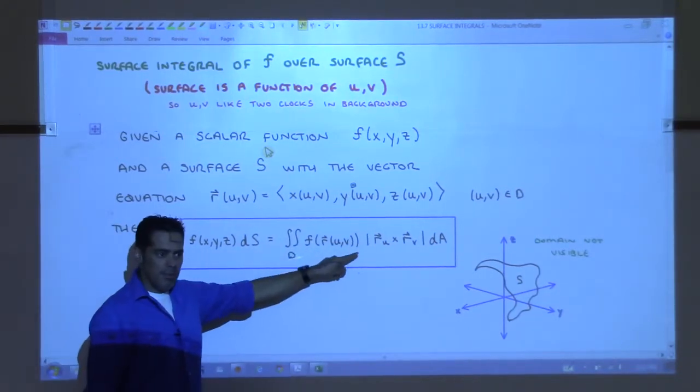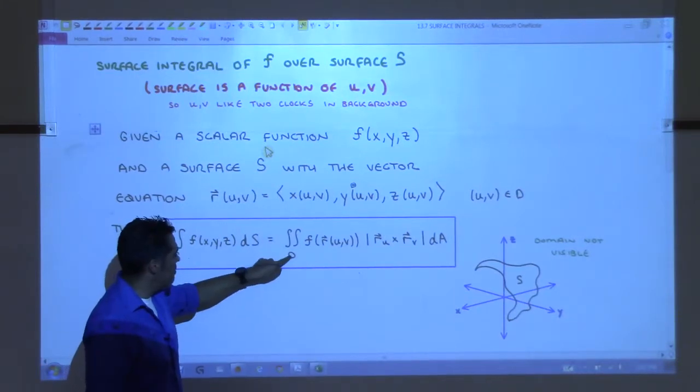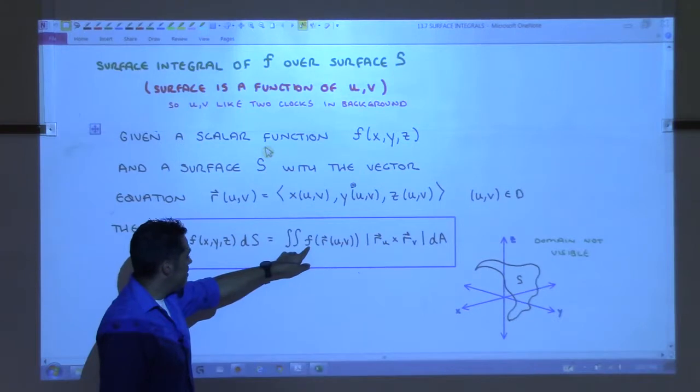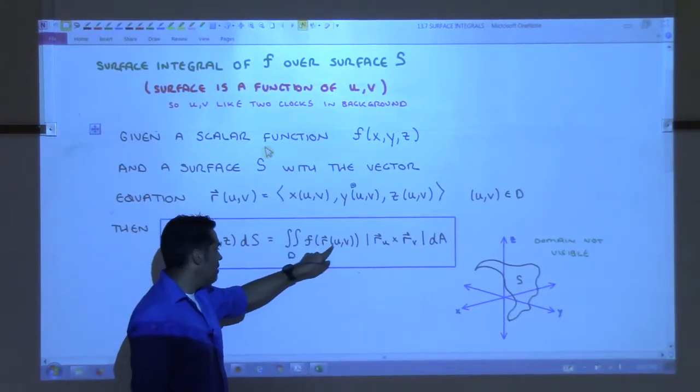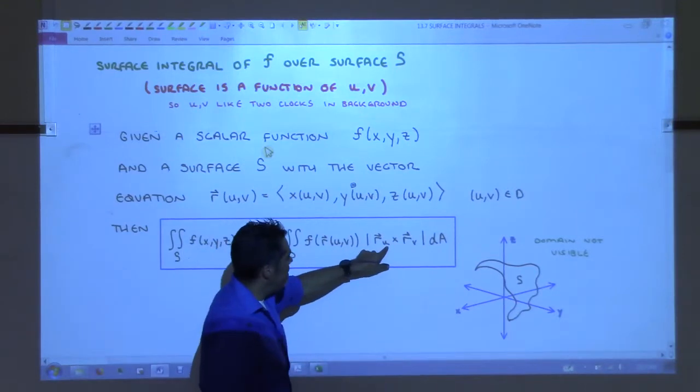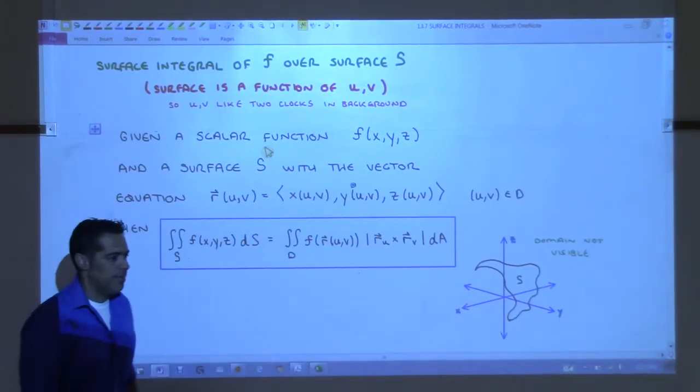This is the actual computation that we do. It's a double integral over the domain D of u and v of the scalar function evaluated along the surface, and then times the magnitude of the cross product of the partial derivatives.